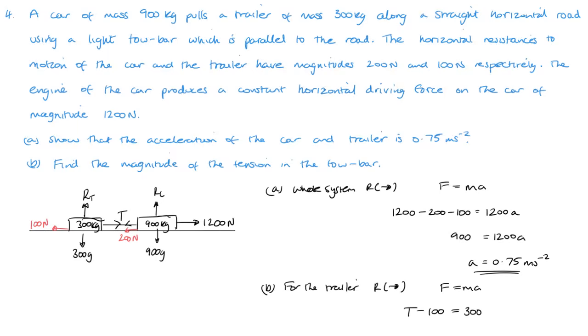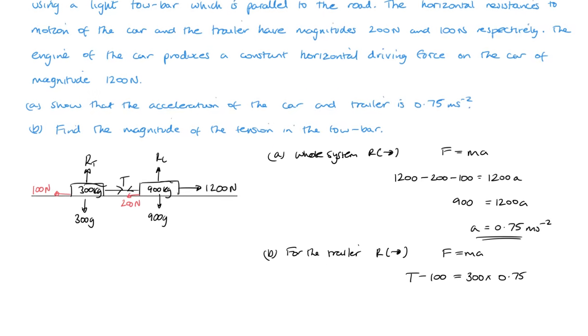The mass is 300 and the acceleration is 0.75. So that is going to be T minus 100 equals 225. T equals 325 newtons.